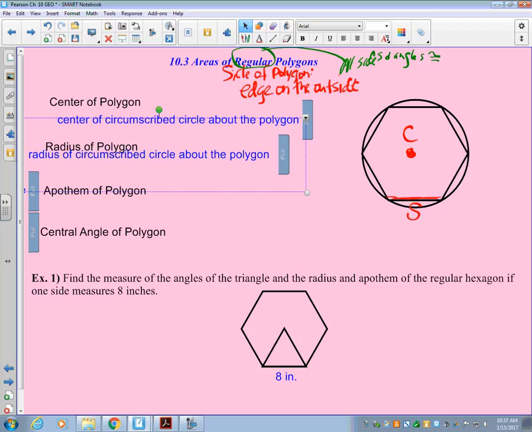So you can put the radius anywhere as long as it starts in the center and touches the circle. For our purposes, I'm going to put it from here to here. I could also put it from the center to any of the vertices and still have the same radius, because the vertices is where your hexagon or your regular polygon touches the circle.